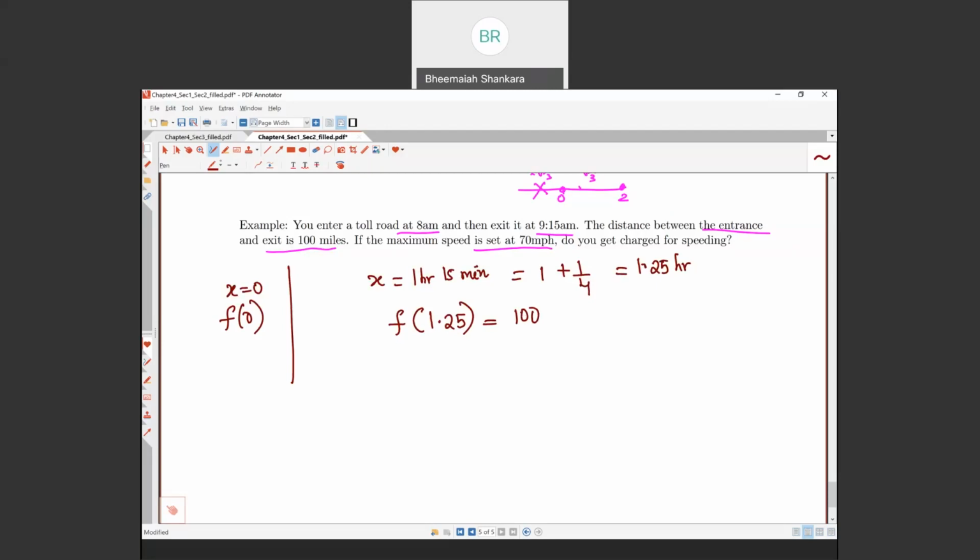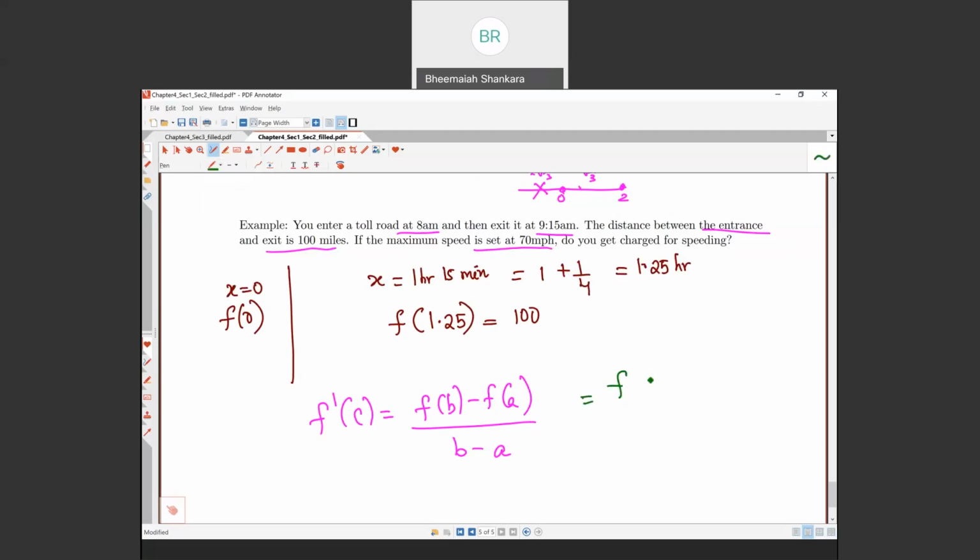Now let me write the mean value theorem, which says that f prime of c is f(b) minus f(a) divided by b minus a. So you want to carefully observe the endpoints b and a here.